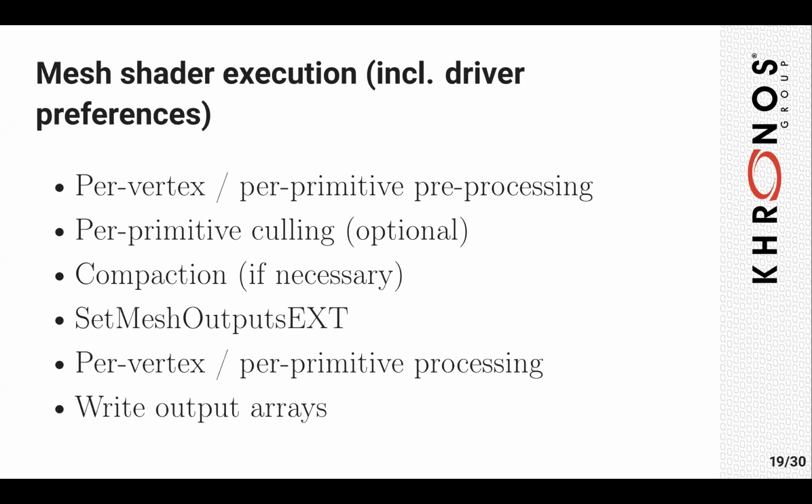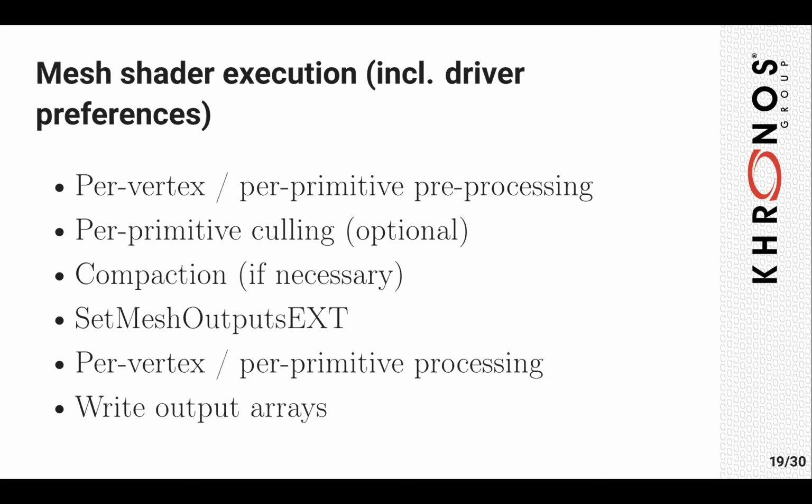So here is a typical flow of how a mesh shader would work. So first you do some pre-processing of vertex and primitive data. Typically you would determine which vertex and which primitive should the current invocation process. Then you might implement something like per primitive culling if you want. Note that it might not be always beneficial to do this, so always do your research before doing this.